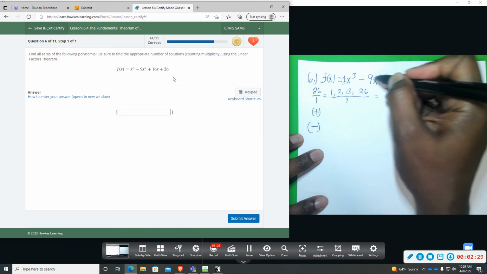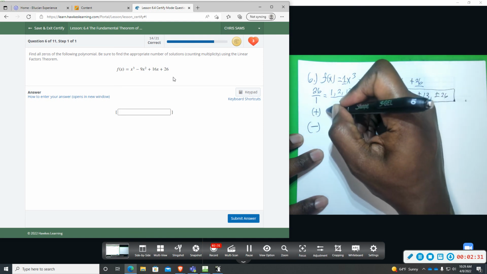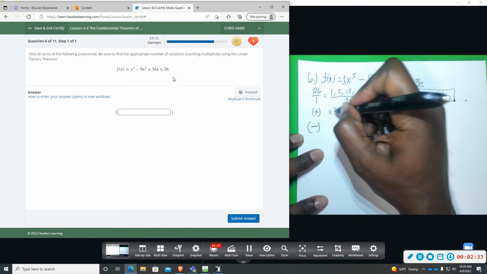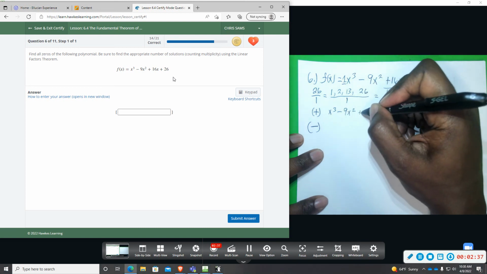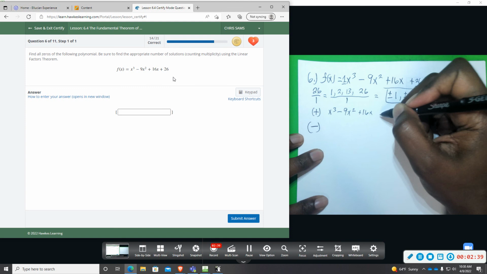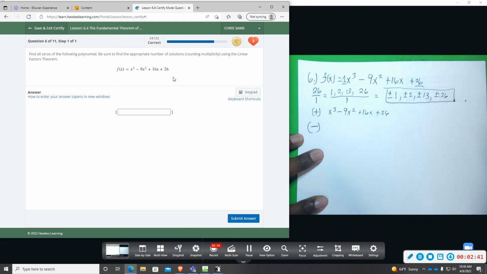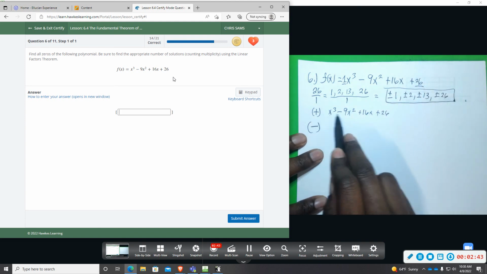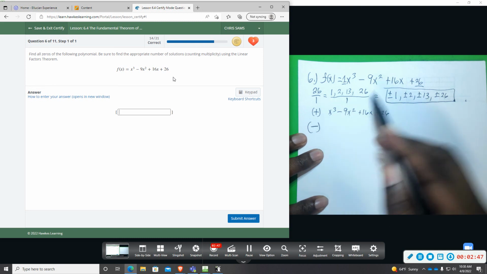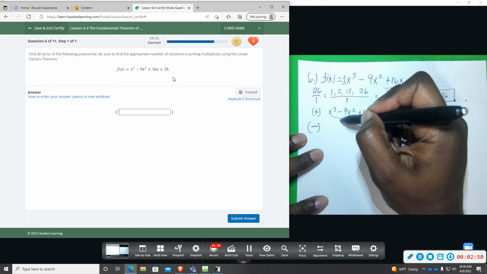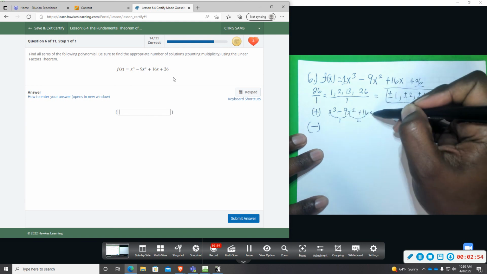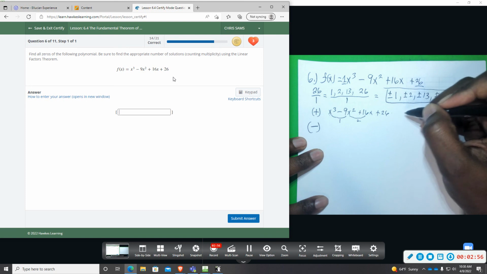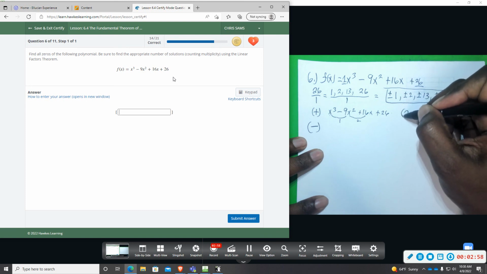So in the original problem, I have x cubed minus 9x squared plus 16x plus 26. So I'm counting how many times this polynomial changes sign. So it's positive, changes to negative. So that's 1. And then from negative, it changes back to positive. So that's 2. And then positive, it stays positive. So there are 2 sign changes.